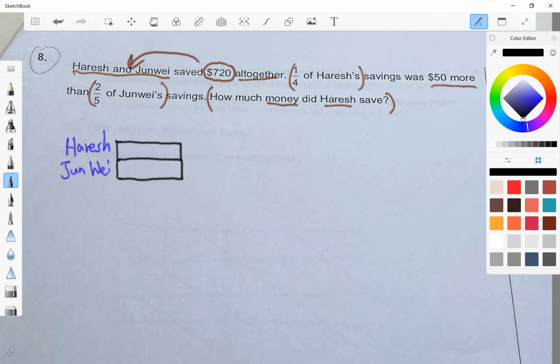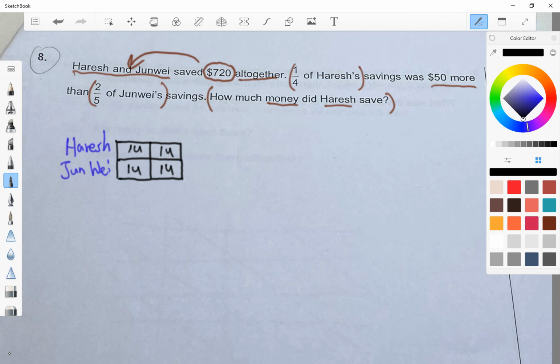And I'll need to indicate 2/5 of Junwei's savings, which means that this rectangle itself has got to be 2 units, and they represent Junwei's savings. And for Haresh, it has got to be 2 units with an extra 50. Okay, with an extra 50.